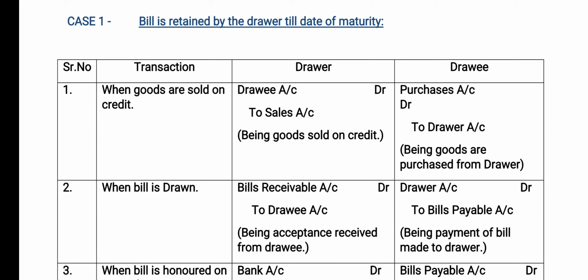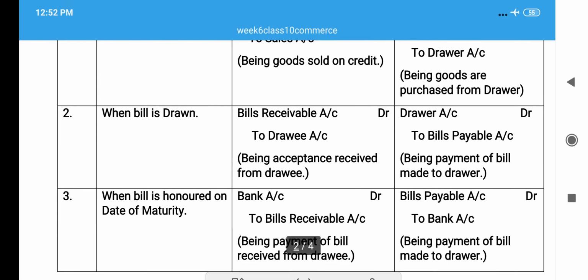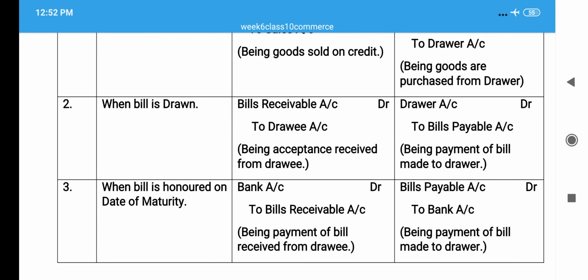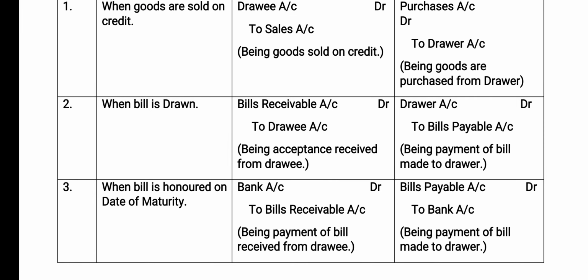Then when the bill is drawn, the second entry is going to happen. Now the bill is made. So the drawer is going to make the bill. For him it is called bills receivable because he is going to receive the payment. And for the drawee it is bills payable because he is going to pay the amount for that bill.